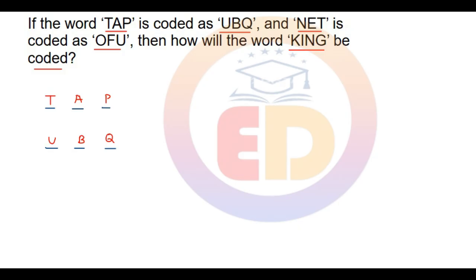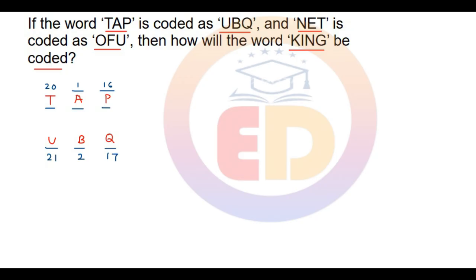The letter T is numbered 20 and the letter U is numbered 21. The letter A is numbered 1 and the letter B is numbered 2. The letter P is numbered 16 and the letter Q is 17.